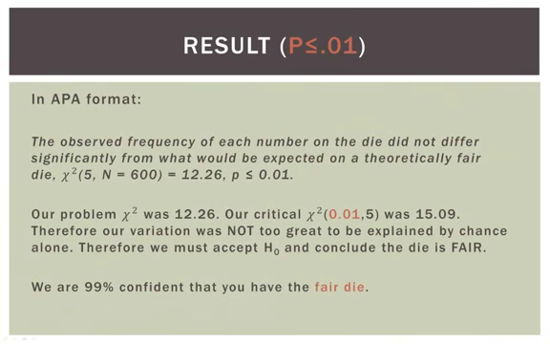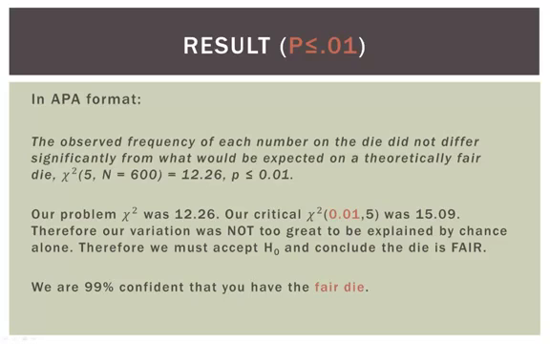So again, in APA format, we would say the observed frequency of each number on the die did not differ significantly from what we would expect on a theoretically fair die. And everything there is the same, 5 degrees of freedom, 600 rolls. Our observed chi-square was 12.26, that didn't change, but our p-value did, so we have a p of 0.01.